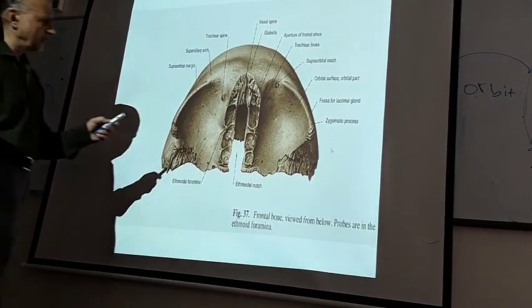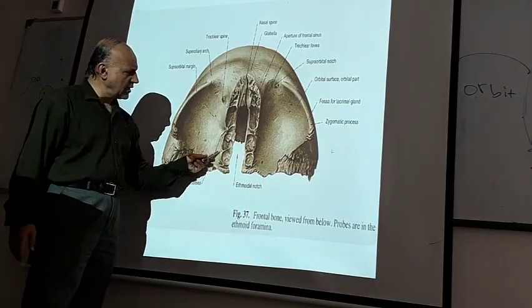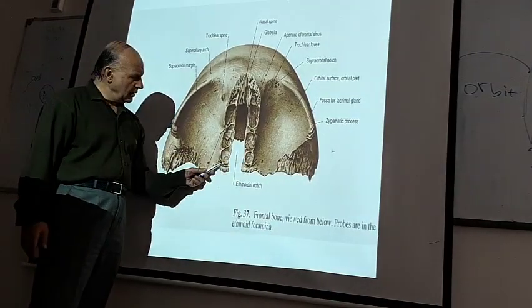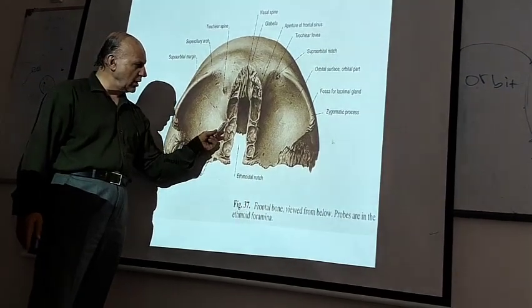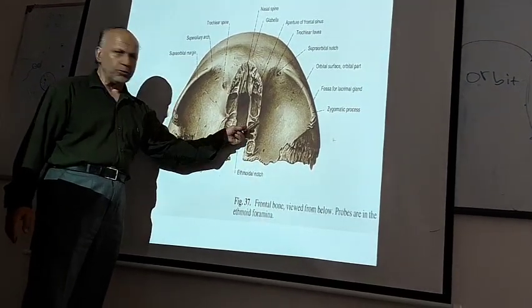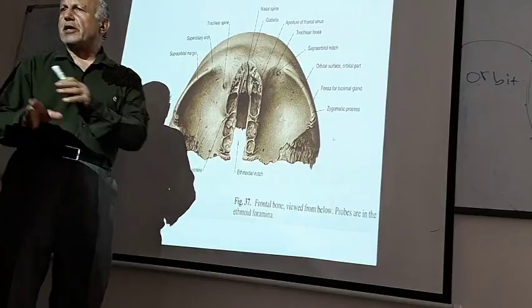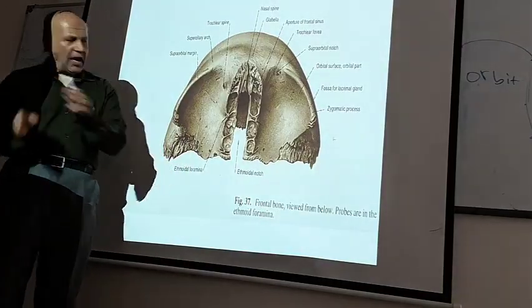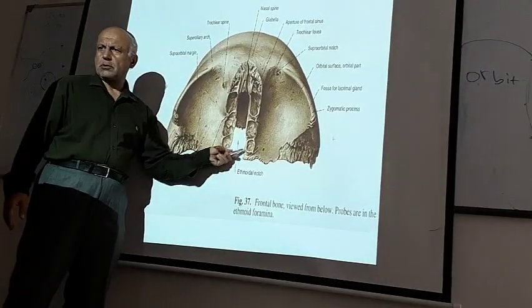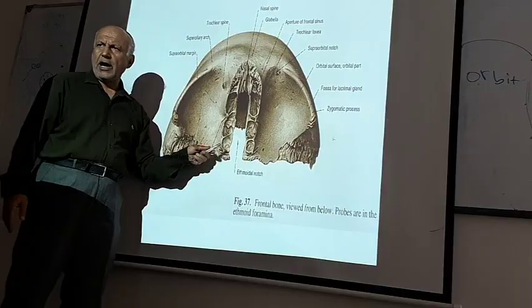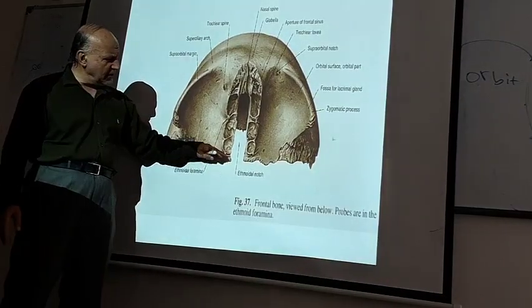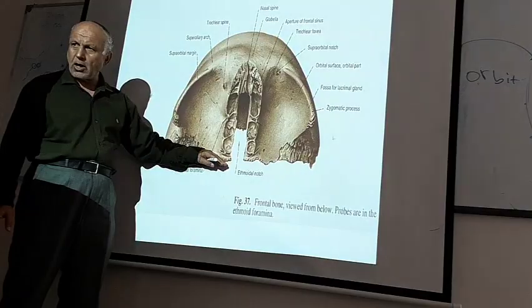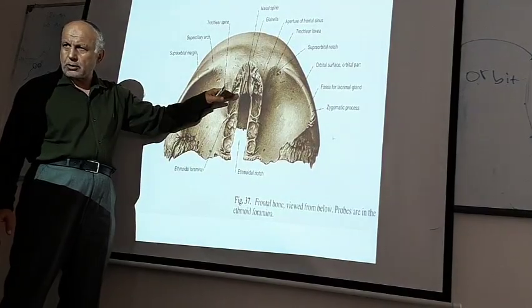Here we have two sulci in the right and two sulci in the left: the anterior ethmoidal notch and the posterior ethmoidal notch. In the superior part of the lateral mass, we have a sulcus like this. When they are articulated with each other, we have the anterior ethmoidal canal and the posterior ethmoidal canal.